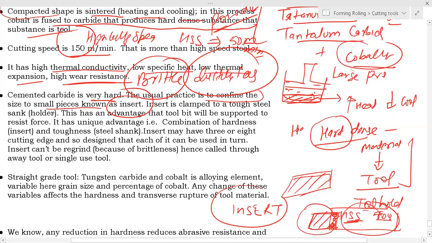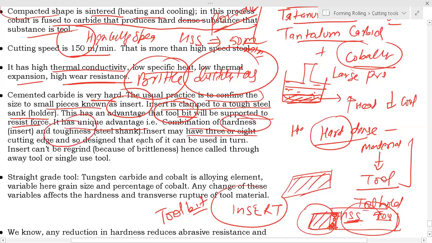So I have written this here. The carbide insert is clamped to a tough steel shank holder. This has the advantage that the tool bit insert is supported to resist force. It has the unique advantage of a combination of high hardness and toughness.